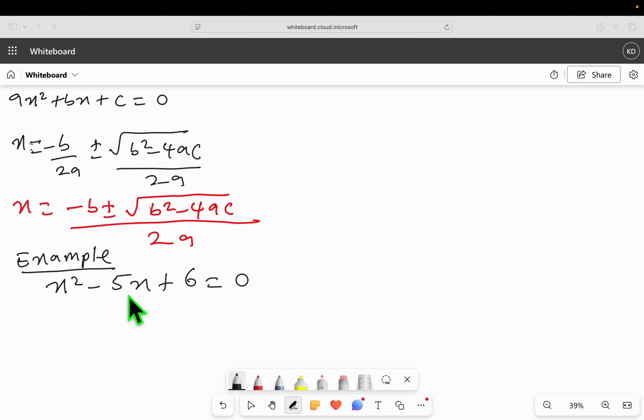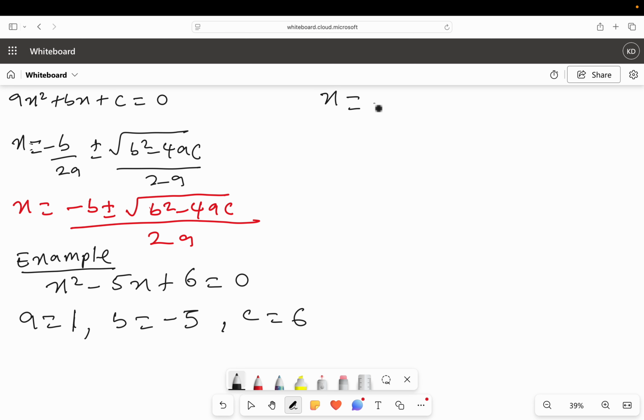So comparing the example with the general quadratic equation, our a here is just 1, which is the coefficient of x squared. Our b will be minus 5, and then our c is just 6, which is the constant term. So we just need to substitute these terms in the formula.